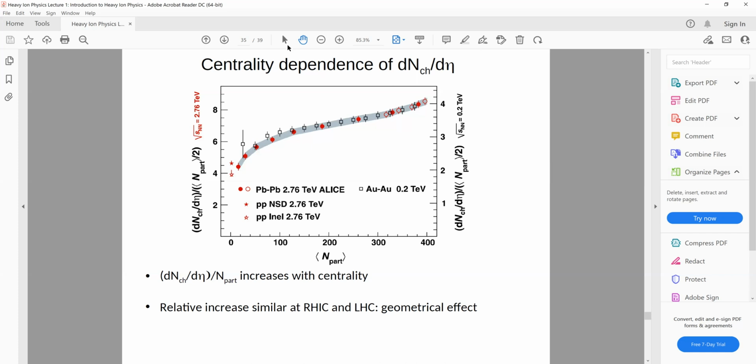That's why I knowingly didn't include it, because this is a school, not just a colloquium or a talk. So I didn't want to include the centrality determination in p-Pb collisions, which to my knowledge is still not very straightforward. If you want, we can have a discussion on p-Pb collisions later.